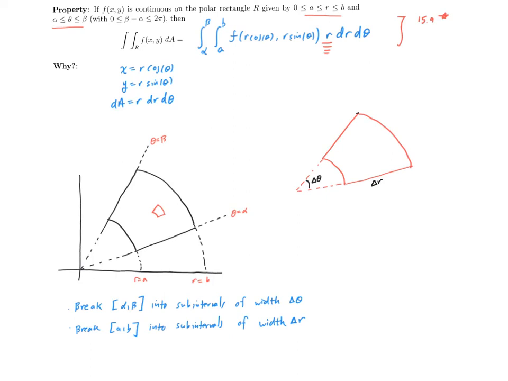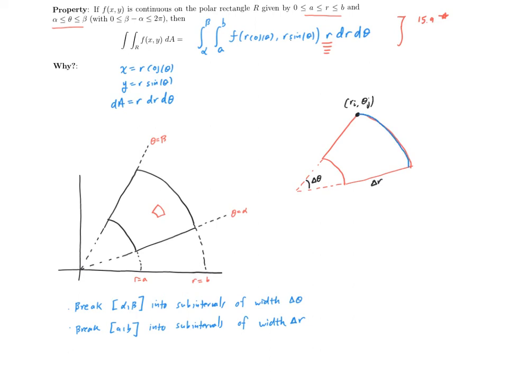Also, we have to pick some sample point typically in this generic rectangle. So I'm going to just say this upper left point that we see, I'll call this r sub i, theta sub j. And all I'm doing is introducing enough to write down a formula for what this length would be.